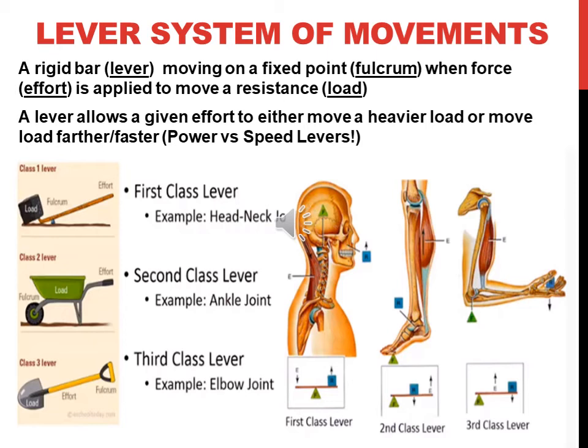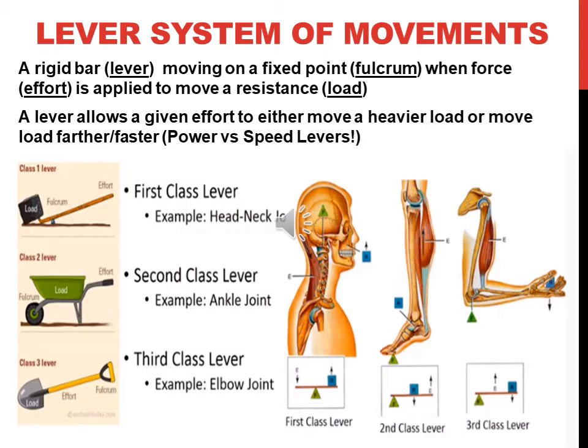So your power lever is going to have the load close to the fulcrum and the effort applied far from the fulcrum, with a small effort moving a large load. Power levers tend to operate at mechanical advantage. You can see that as a class 1 lever.